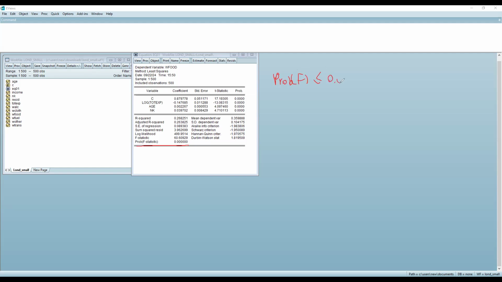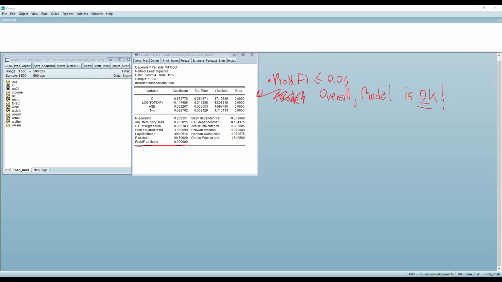Prob F less than or equal to 0.05, which means overall model is okay, right? Yes, this is what you have to write in the exam. But general idea is overall model is okay.